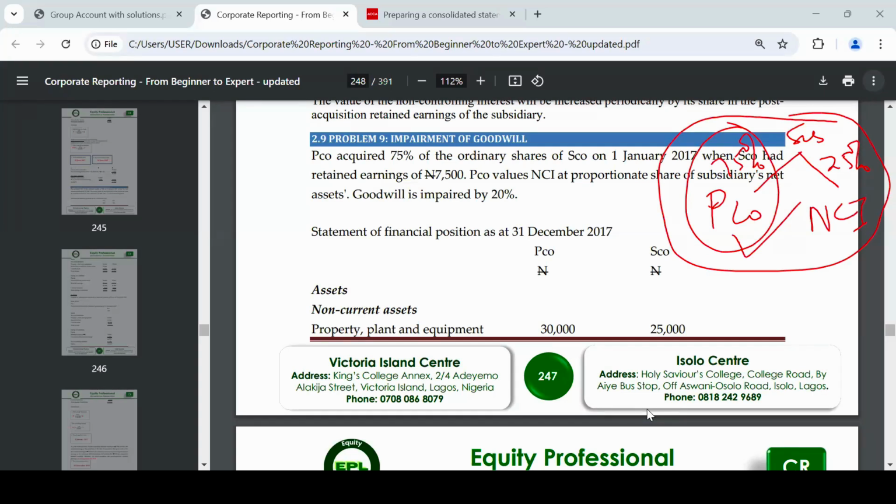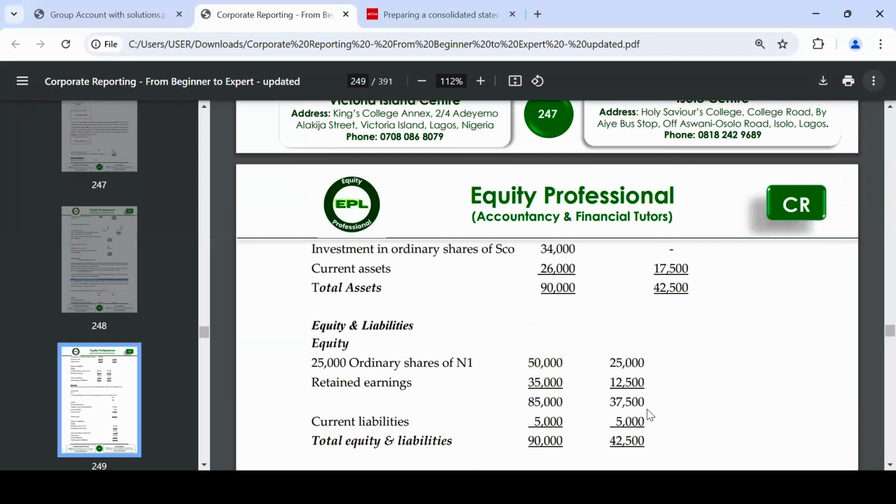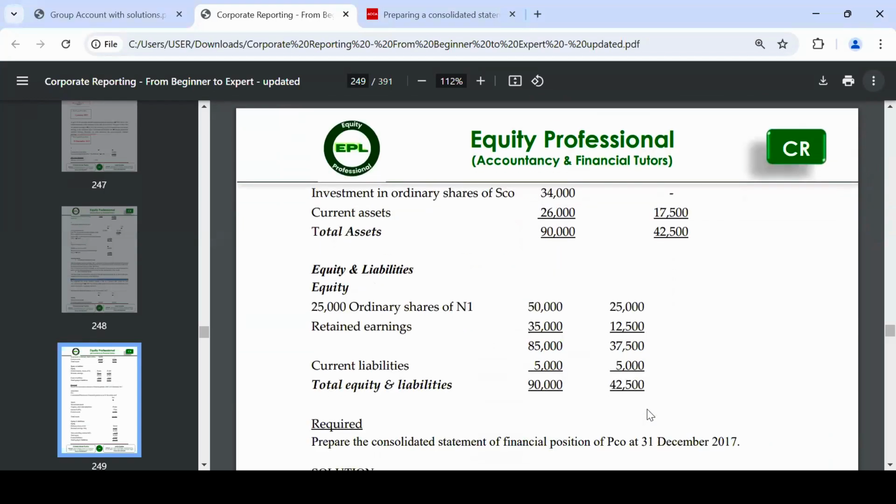If that be the case, what's the next thing? The first thing on the agenda is to cancel out the investment of PICO in ESCO. That cancellation this time around would include the NCI, because, like I made mention of, I will repeat myself, we will treat even the NCI as part of the group.